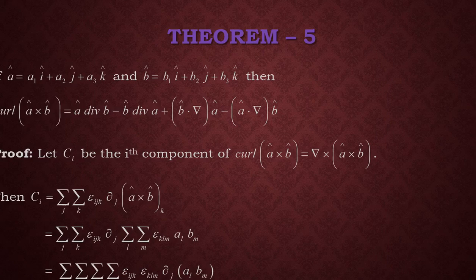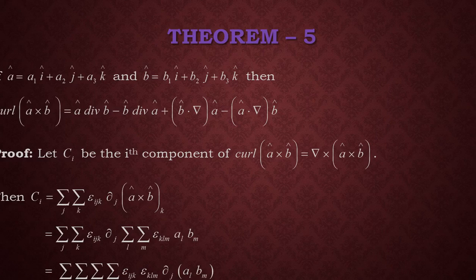So we get c_i equals sigma over j, sigma over k, sigma over l, sigma over m, epsilon suffix ijk, epsilon suffix klm, dou j of a_l b_m.